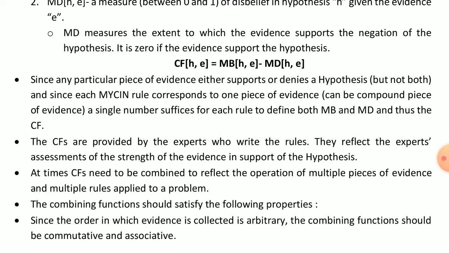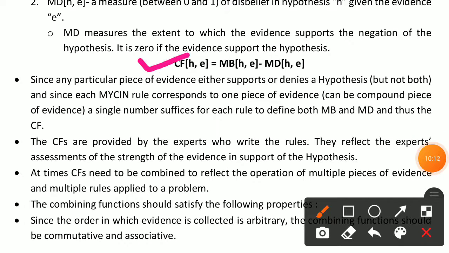Now here we can define both rules. First is MB and second is MD, and using both rules we can find out the CF. We can use both rules and find out the certainty factor as we learned in the above equation.